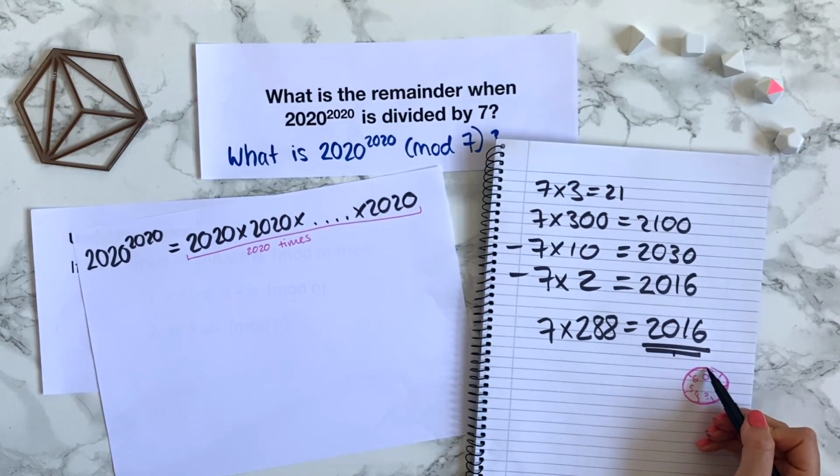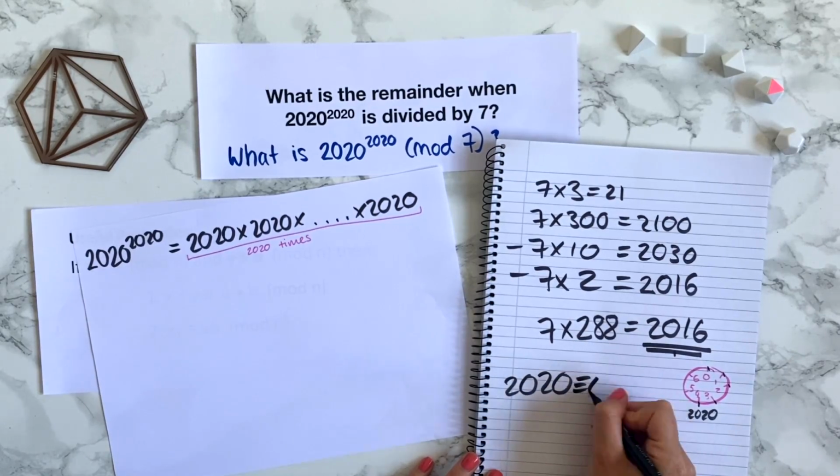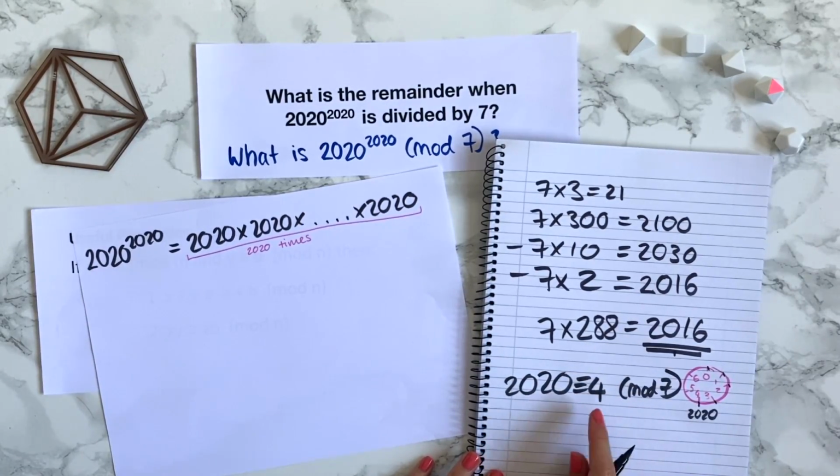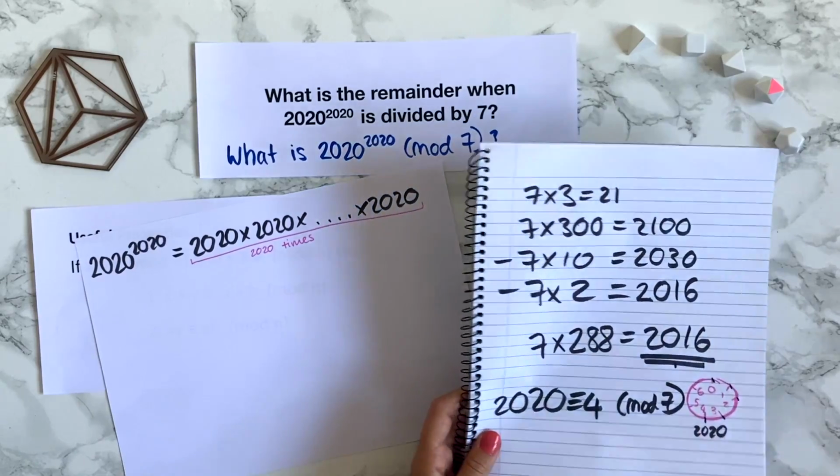So 2016 would be here, and then to get to 2020, well, 2017's here, 2018's here, 2019's here, and 2020 is here. So 2020 is congruent to 4 modulo 7, or 2020, when divided by 7, leaves remainder 4. So we're going to remember this fact and use it to help our workings.